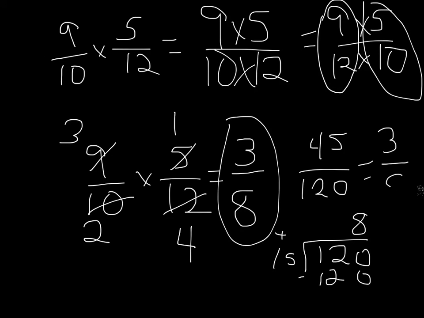And so we also get 3/8, but the cross simplification is a lot easier, and if you practice cross simplification, it'll really help you going forward. As problems get more and more complex, cross simplification can really help make a lot of problems easier, and if you're good at it, you'll make a lot less mistakes too.